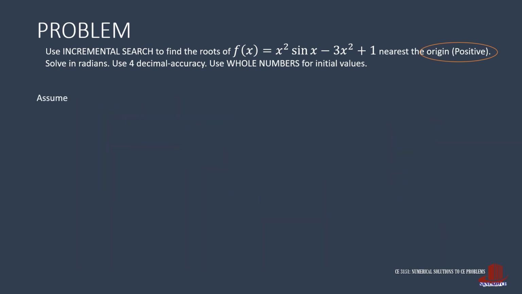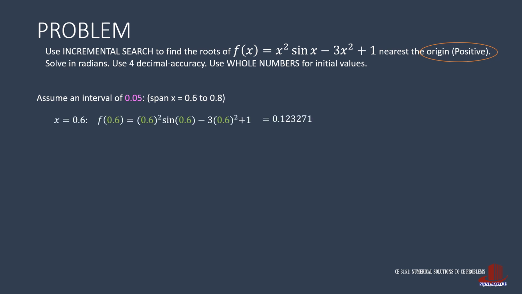Now that the span is from 0.6 to 0.8, let's take an increment of 0.05 using x of 0.6, as it yielded an f of x nearer 0. The first iteration is using 0.65, so the function then is 0.65 squared times sine of 0.65 minus 3 times of 0.65 squared plus 1.